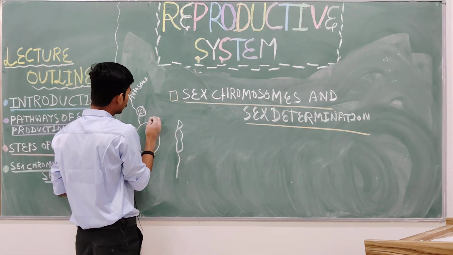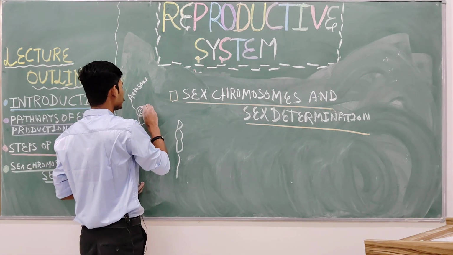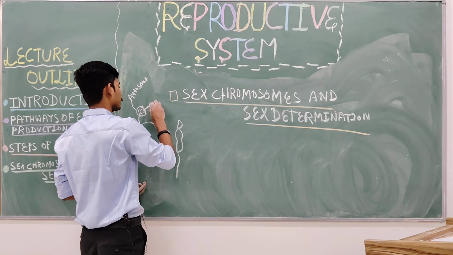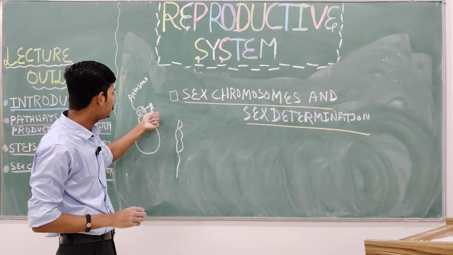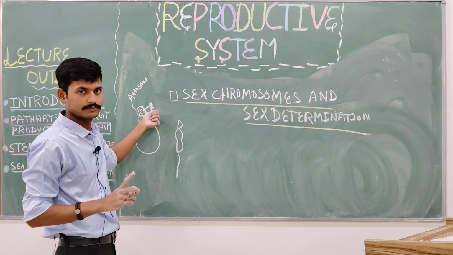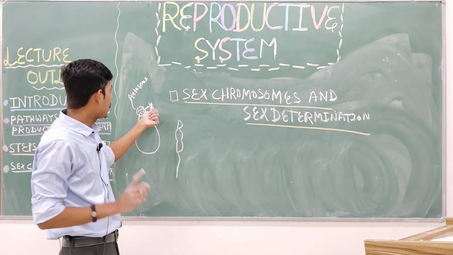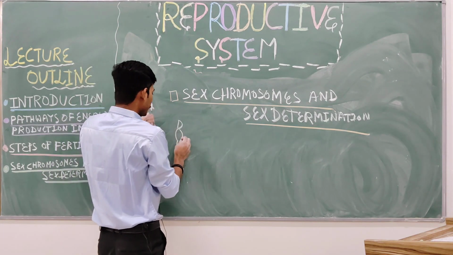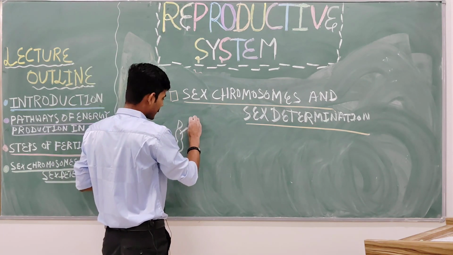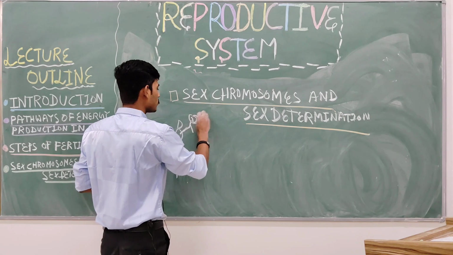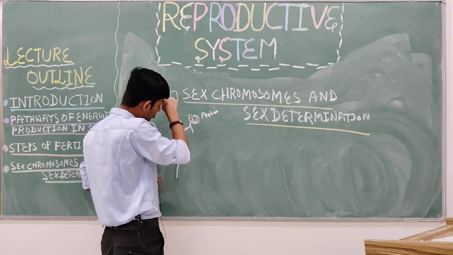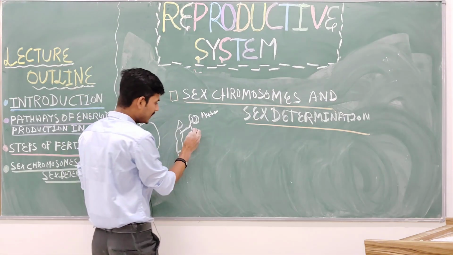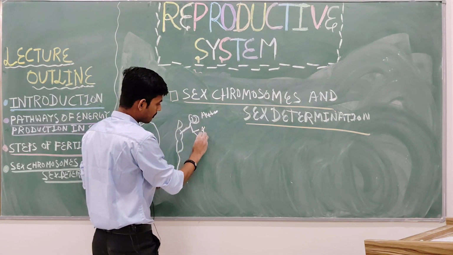But for the reproductive development, the remaining one is referred to as the sex chromosome. In the female, it is X. In the male, the 22 are also autosomes, and the sex chromosome is either X or Y.